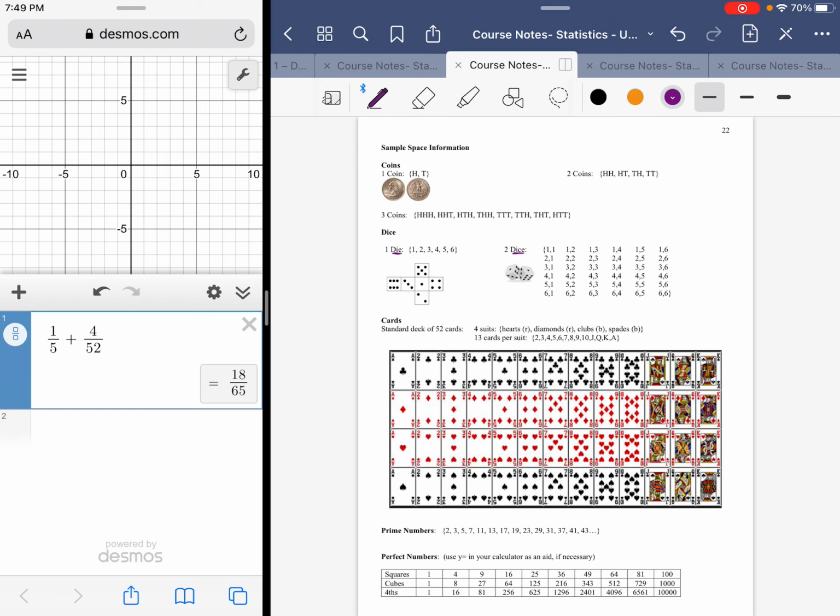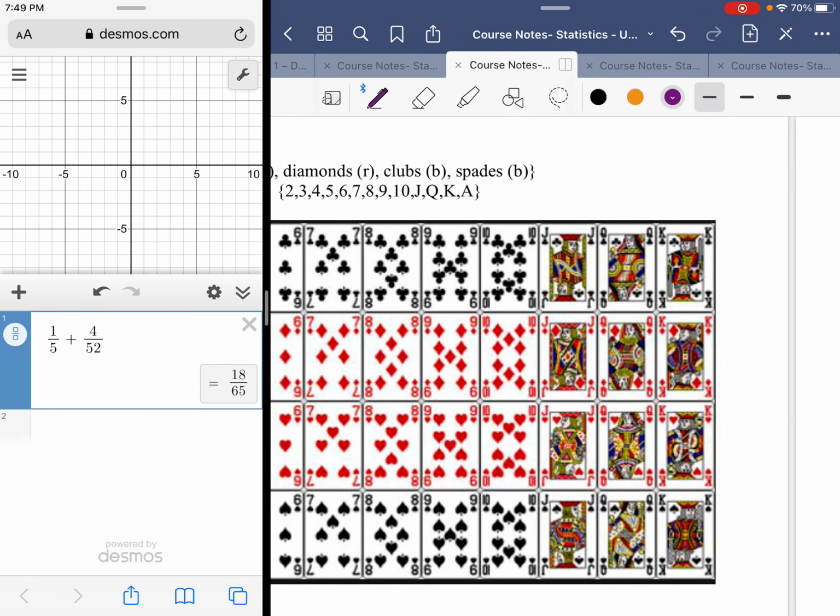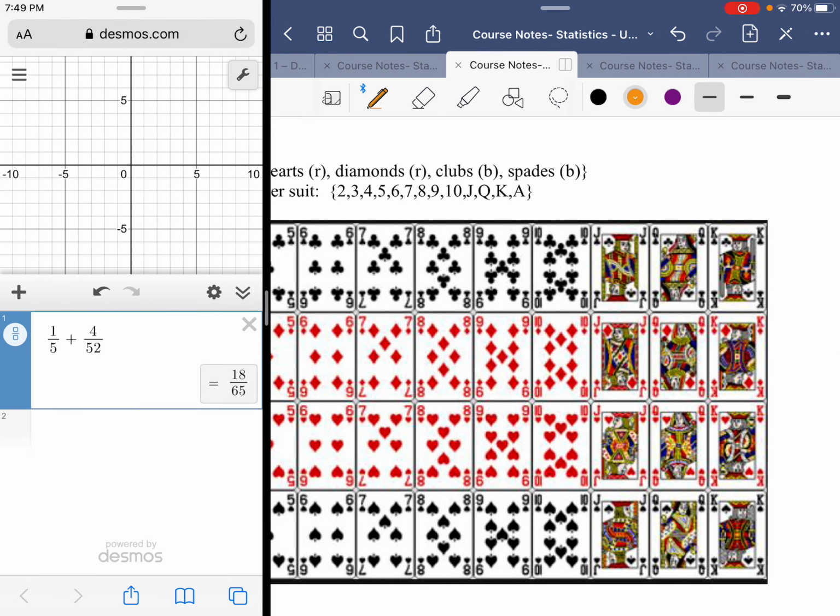All right, so the breakdown of the deck of cards: those clover-looking things, if you don't know, are called clubs. The diamonds are diamonds, the hearts are hearts. The upside-down heart with the stem on it is known as a spade. The cards that actually have faces on them, you guessed it, we call face cards.